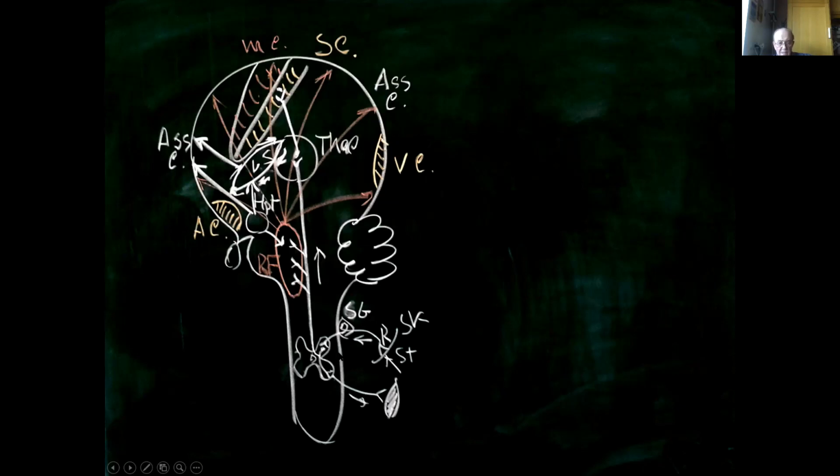Each reflex arch of the analyzer, this is the sensitive analyzer, includes minimum 4 neurons. The first neuron is localized in the spinal ganglion. This is the sensitive neuron, the second neuron, the third neuron in the thalamus, and the fourth neuron in the postcentral gyrus.